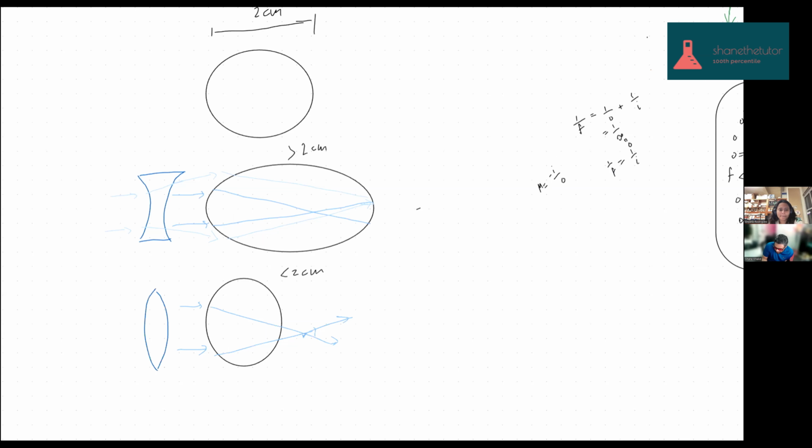Because then they'll start to converge sooner, so it'll be at the retina. So this is normal. This is myopia, which is nearsighted. This is hyperopia, which is farsighted.